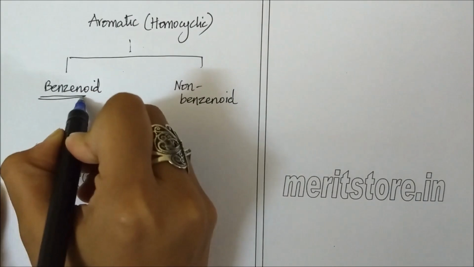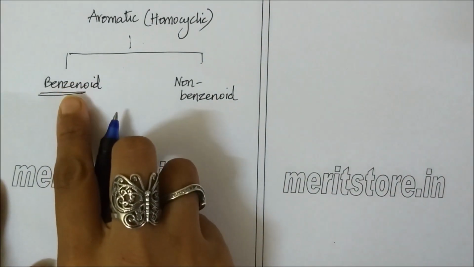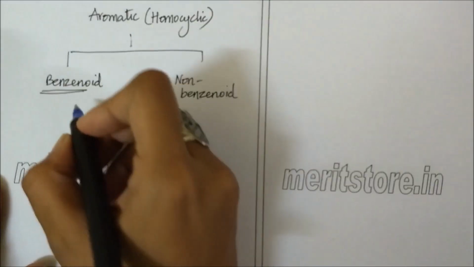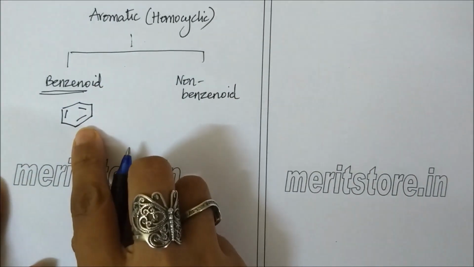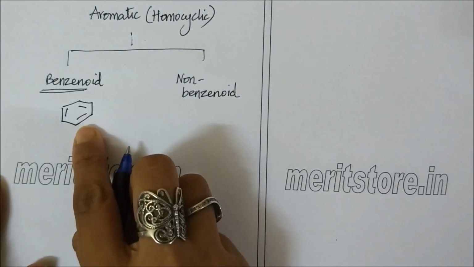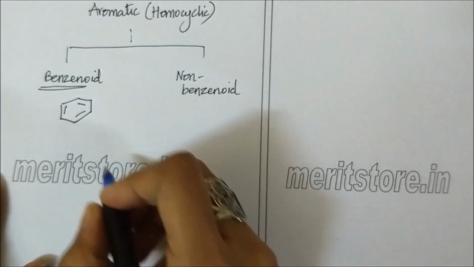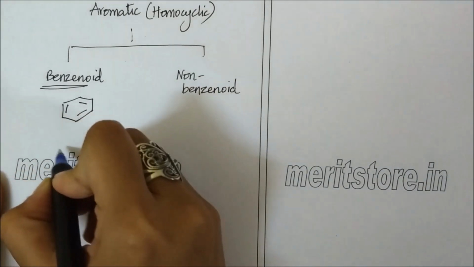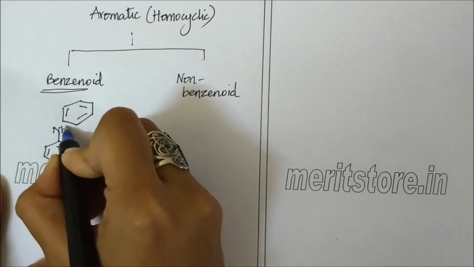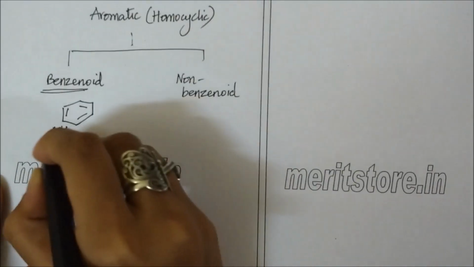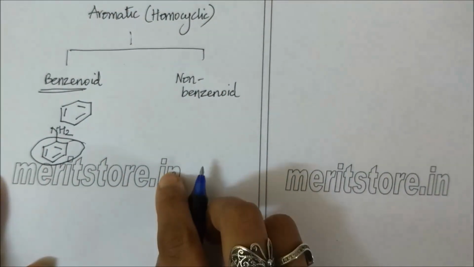Benzenoid, as you can see from the word itself, has benzene in it, and hence these compounds resemble a benzene nucleus. This is benzene. Any compound which consists of a benzene nucleus is called a benzenoid aromatic compound. A simple example is aniline, in which there is a benzene nucleus and hence it is a benzenoid aromatic compound.